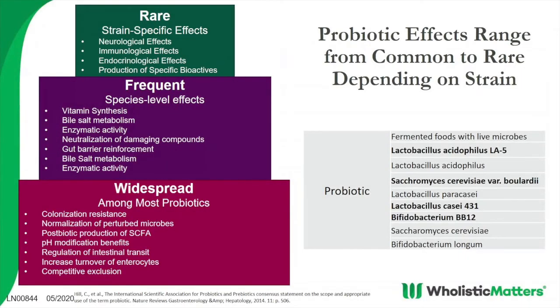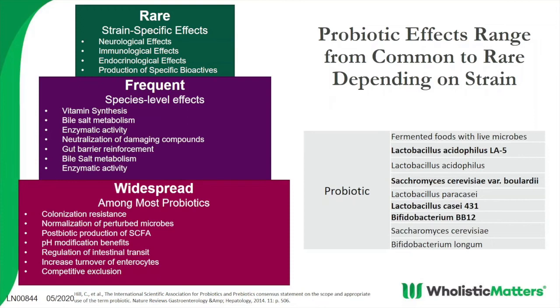The probiotic effects that they can deliver, it's really important to consider the strain specificity, because those microbial strains can be so different from one another in their function. A lot of probiotics have varying levels of effects, and these range from the really widespread, where almost every probiotic species does it, to the frequent species level effects, where this species always seems to do this particular thing.